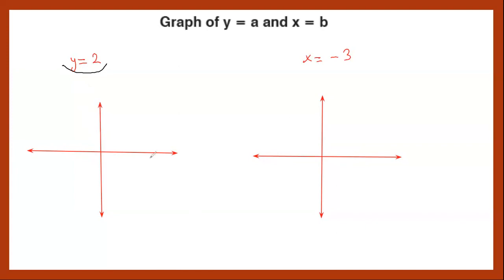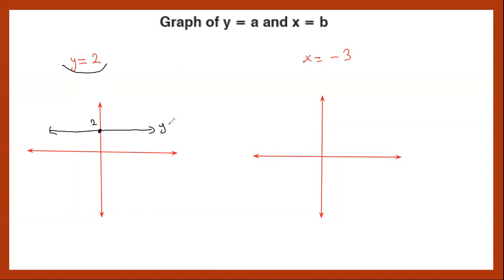Then you find the 2 on the y-axis, approximately here. It's not going to pass through the x-axis, it's going to be like this.